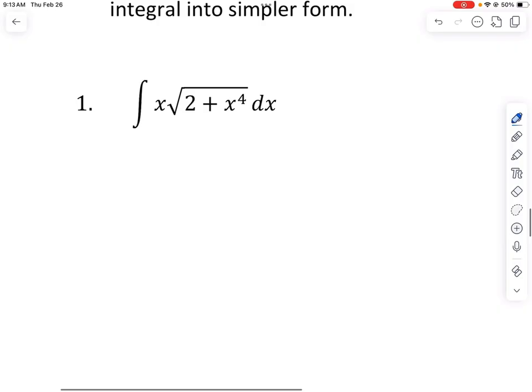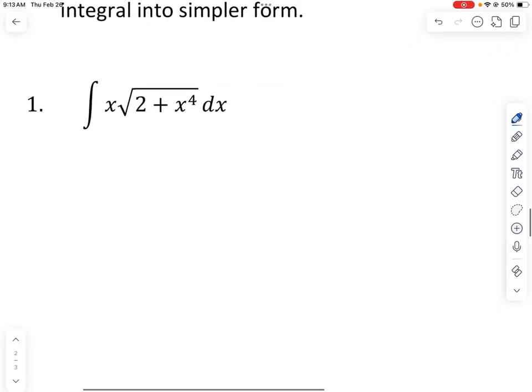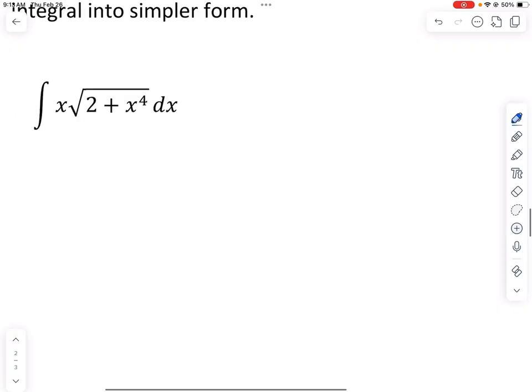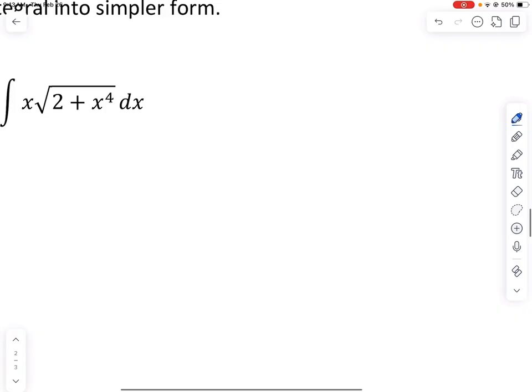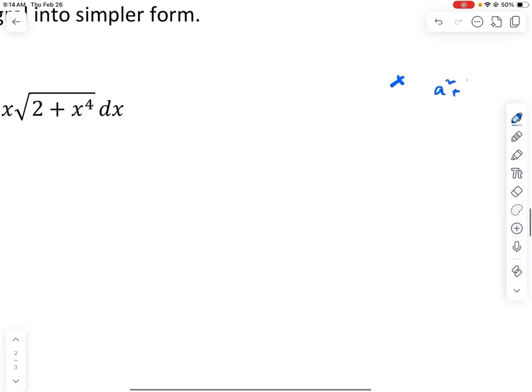Now, we know that if we have a squared plus x squared, then we can do a trig substitution, x equals a tangent theta. So that's what we are going to do.